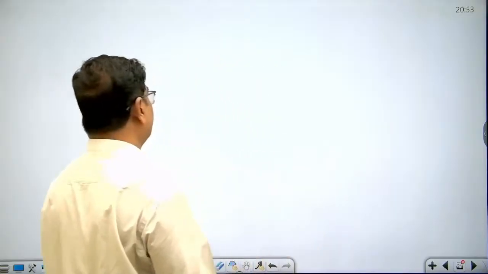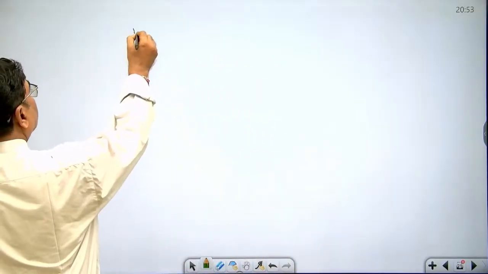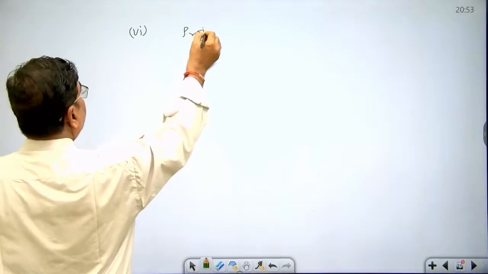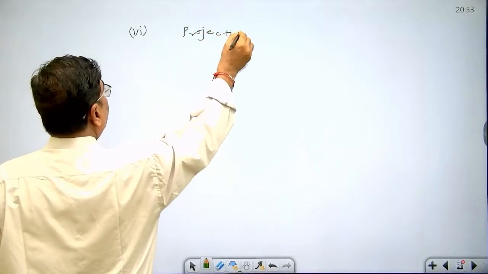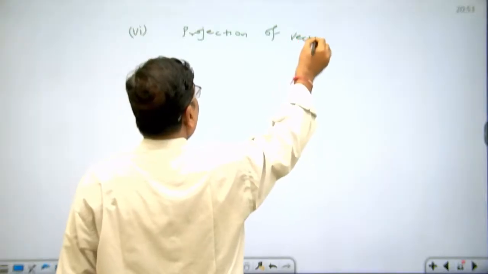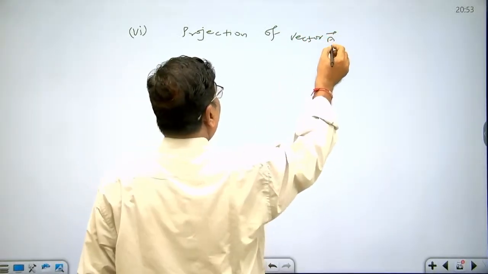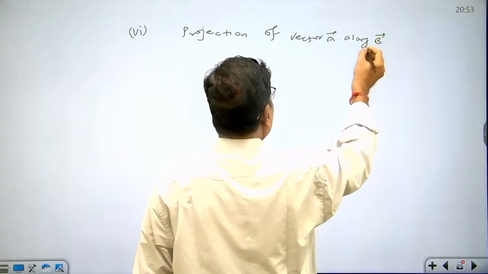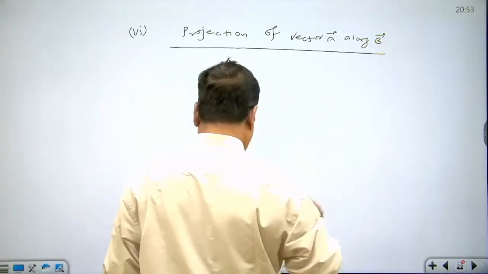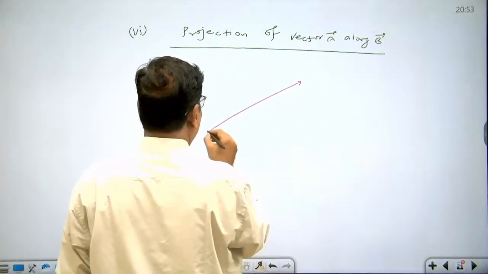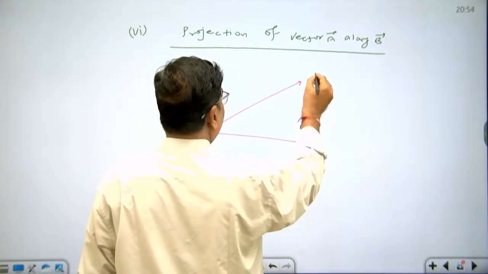Now let's find the projection of vector A along vector B. Dear student, we are finding a very special case.